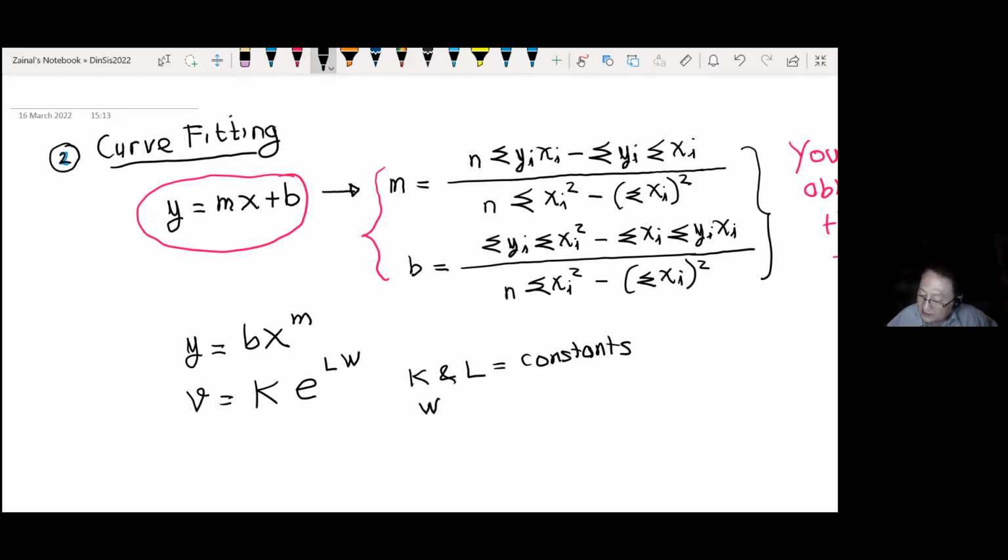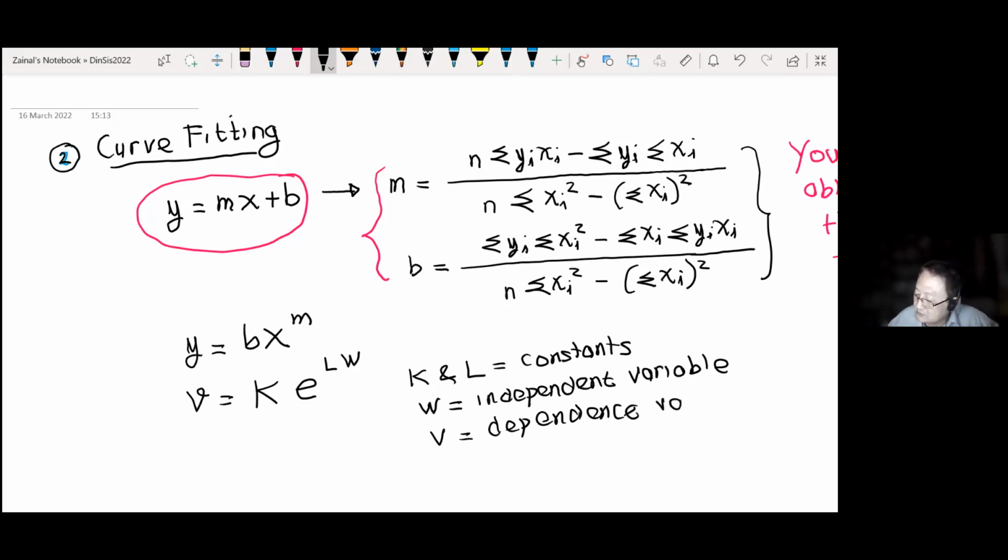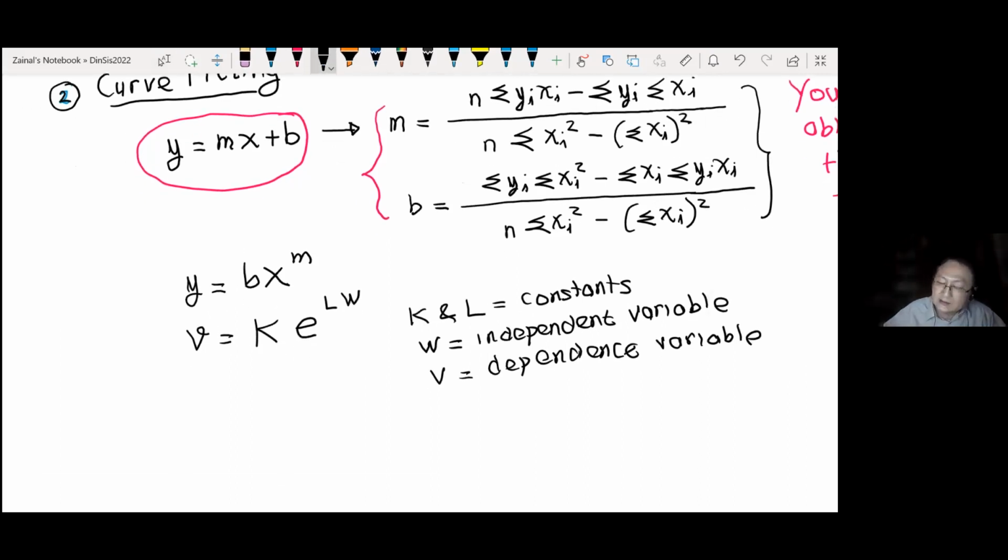W is independent variable, while phi is dependent variable. To implement this one, so basically we want to use this derivation for this equation.